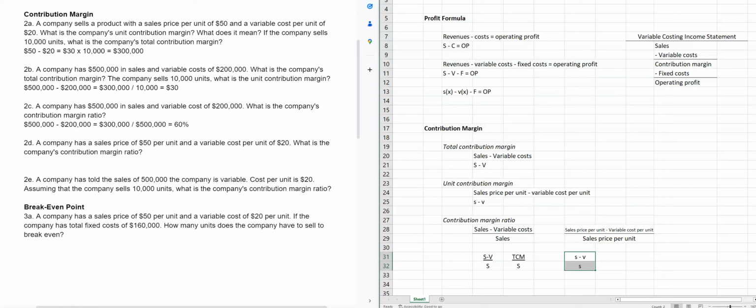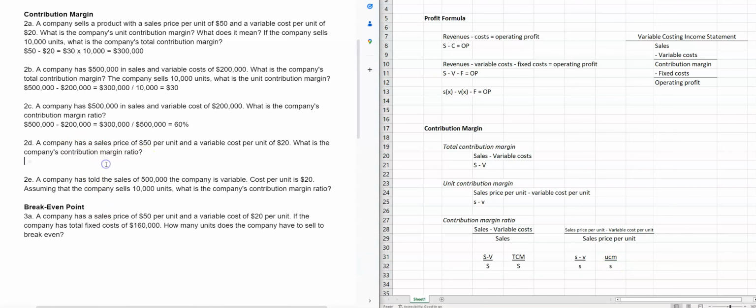And as you've probably already noticed, it's going to end up being unit contribution margin divided by sales. So sales minus variable cost, both per unit, equals unit contribution margin. So really, if you know your unit contribution margin, this formula gets 10 times easier.